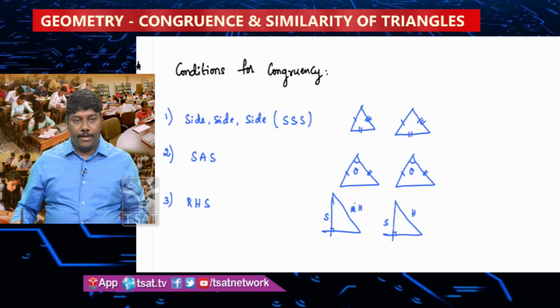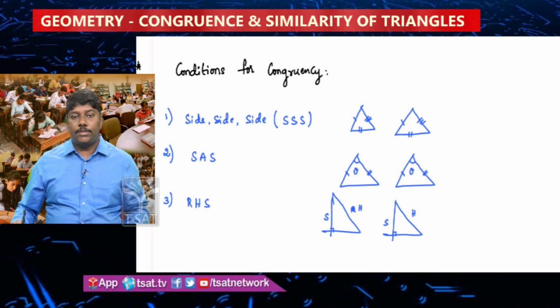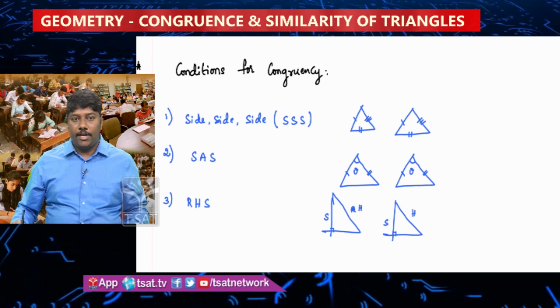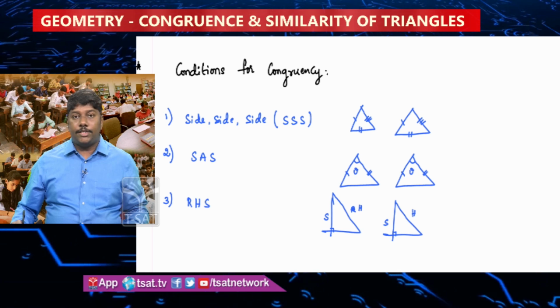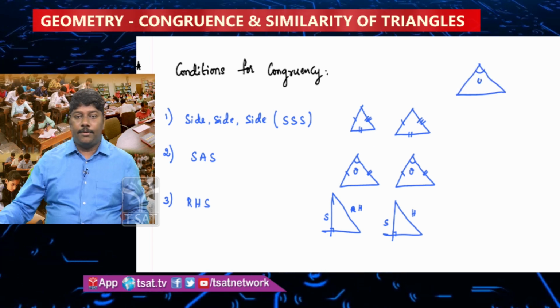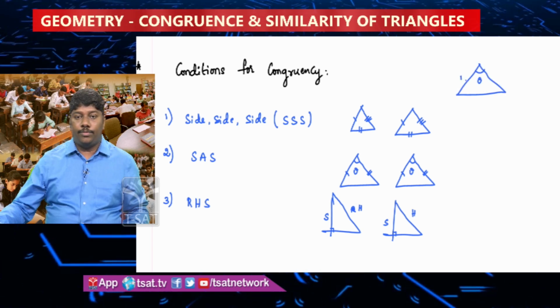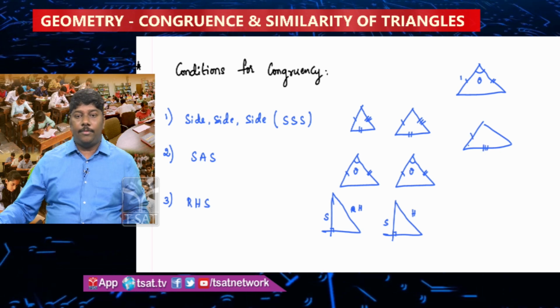So out of these three, the first one, all three sides of one triangle are equal to all three sides of another triangle, then they are congruent. The second one, two sides and their respective angle should be equal. Suppose this angle is theta, side 1, side 2. Another one, side 1, side 3, and the angle between them is theta.